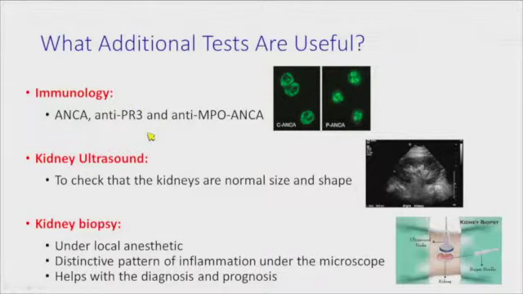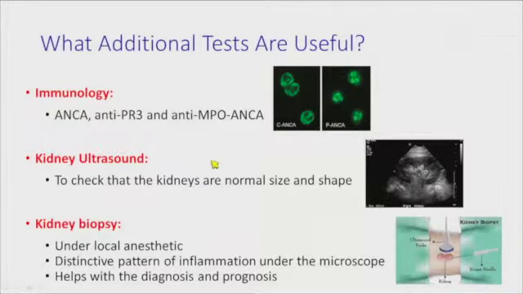Some doctors also use them for follow-up of clinical activity. This is a little bit in debate. There is no complete agreement in the literature, but some doctors use them to decide when to treat next, or it can help in deciding if the patient has a relapse.